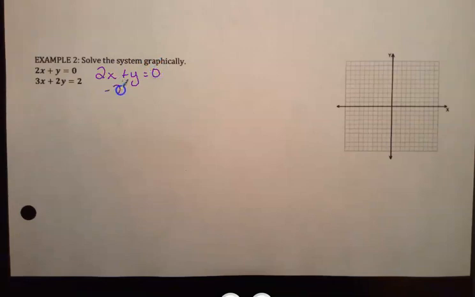We're going to get it in slope-intercept form, so subtract 2x. y equals negative 2x is my equation. My y-intercept is 0, 0, because it doesn't have one. My slope is negative 2.